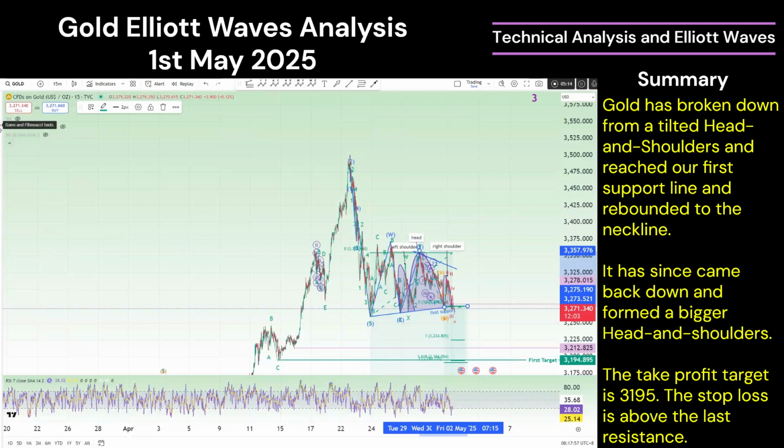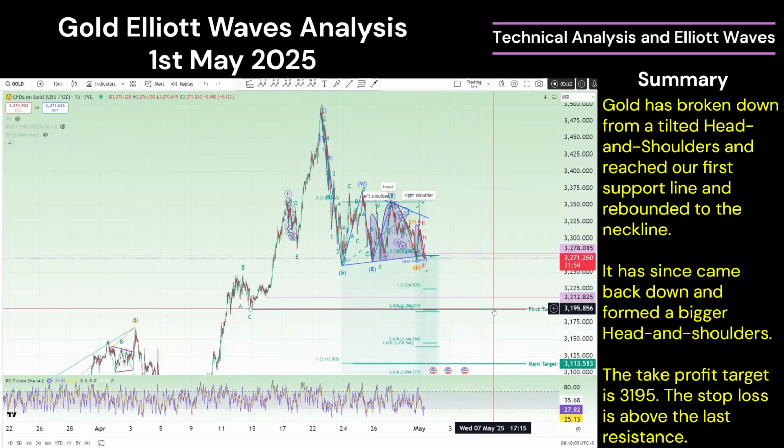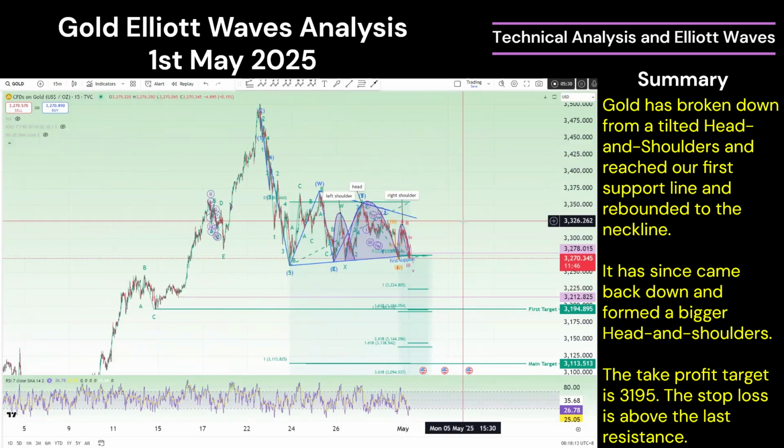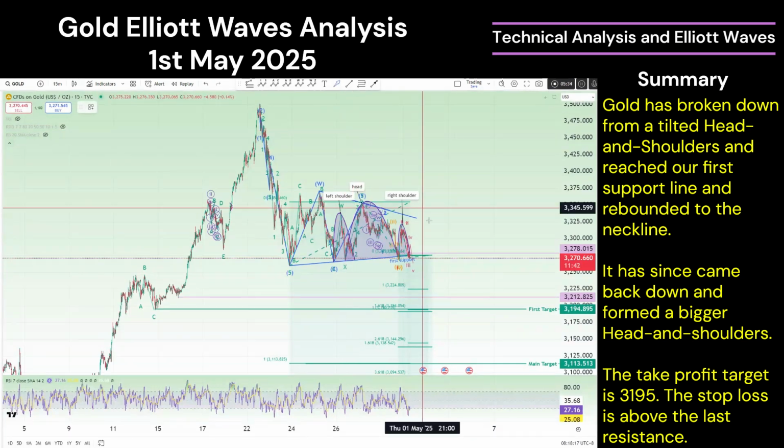So in terms of where we will take profit, similarly to the previous analysis, this first target, which is around 3195. Okay, right? You can take profit earlier, like 3200. But this is where I expect price to move down. Okay, so let me just put this.